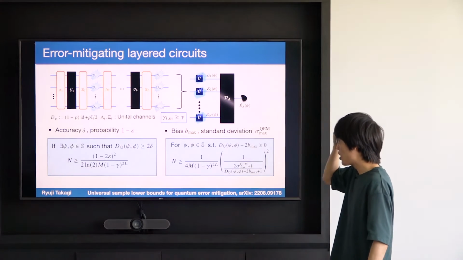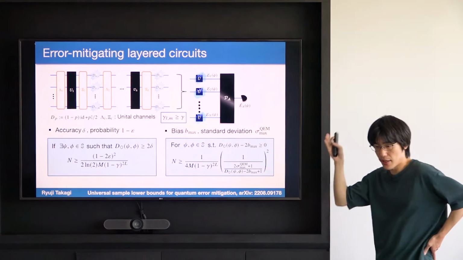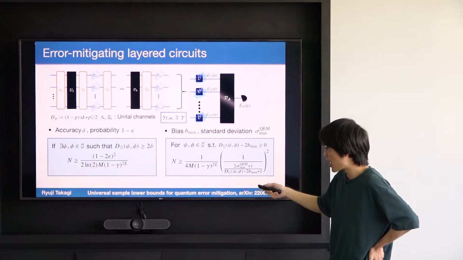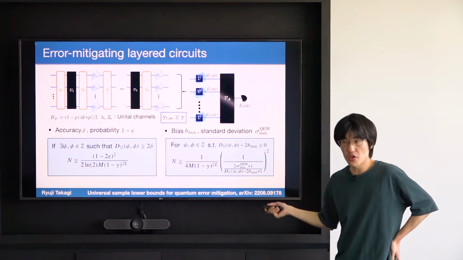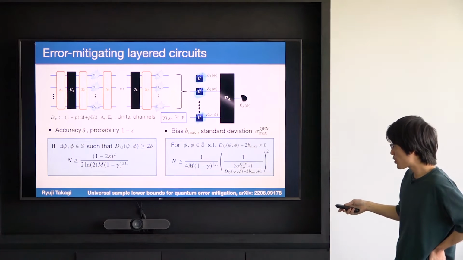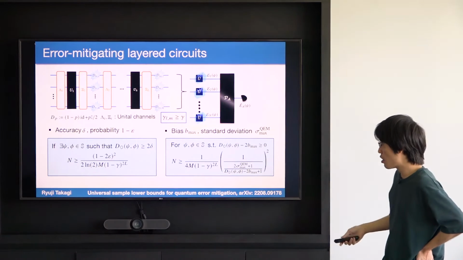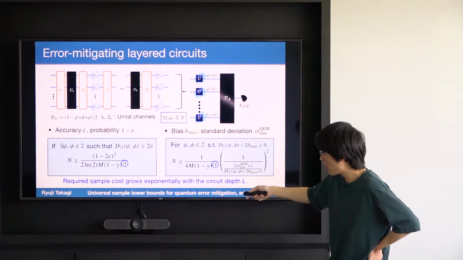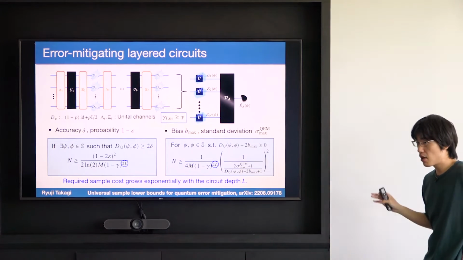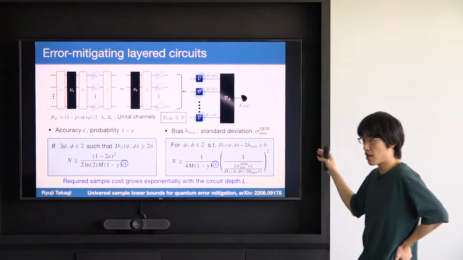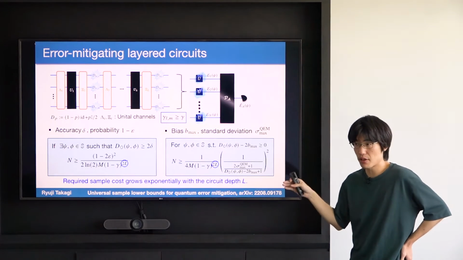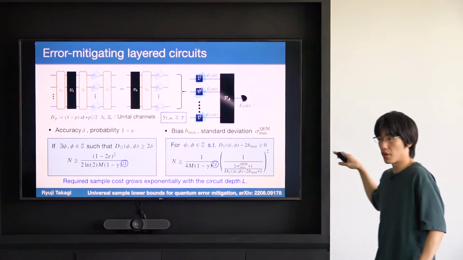In this situation, we can also show the lower bound for the number of samples that you need to use to get some computational accuracy in the two setups that I introduced. So these are, again, a little complicated, but the message here is that if you look at the scaling with respect to the number of layers, L, then the right-hand side increases exponentially with respect to the number L. So this is the circuit depth.